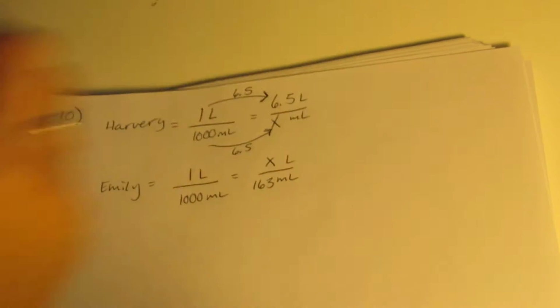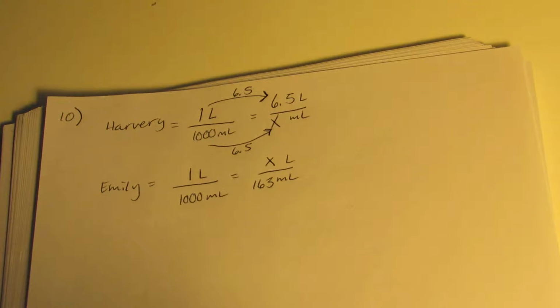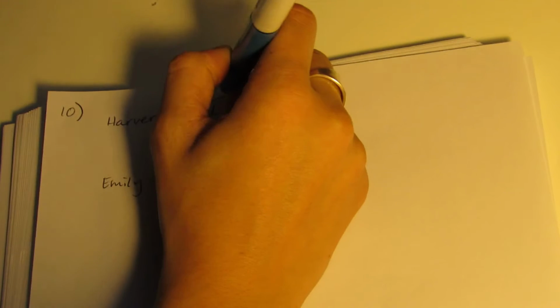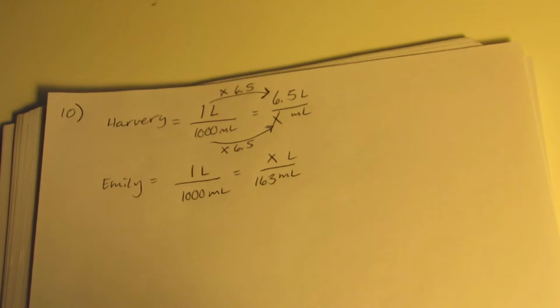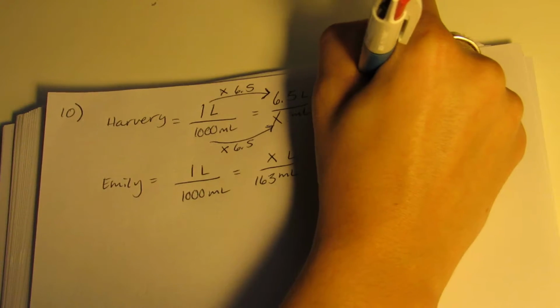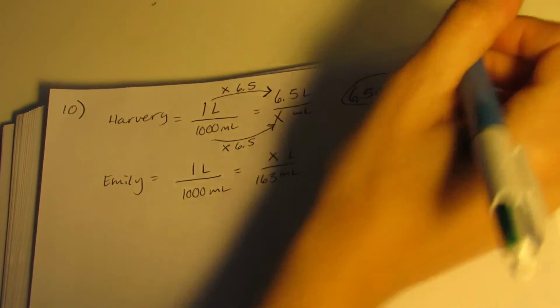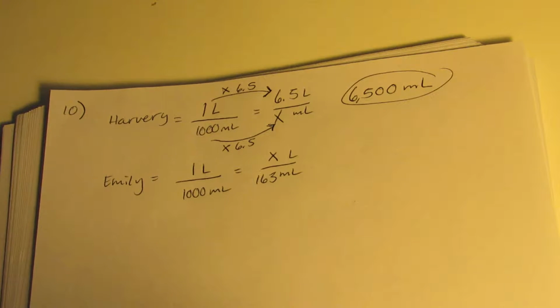I'm going to do that for my numerator as well. So if I look from 1 to 6.5, I'm going to a bigger number, which means I multiply. So 1,000 milliliters times 6.5 gives me 6,500 milliliters for Harvey.